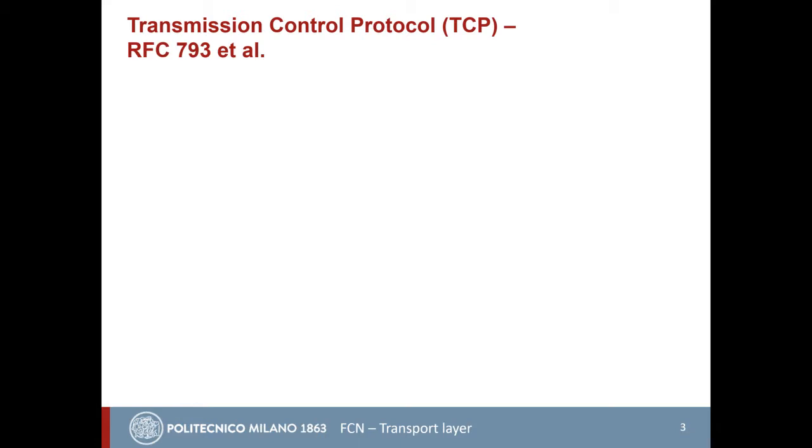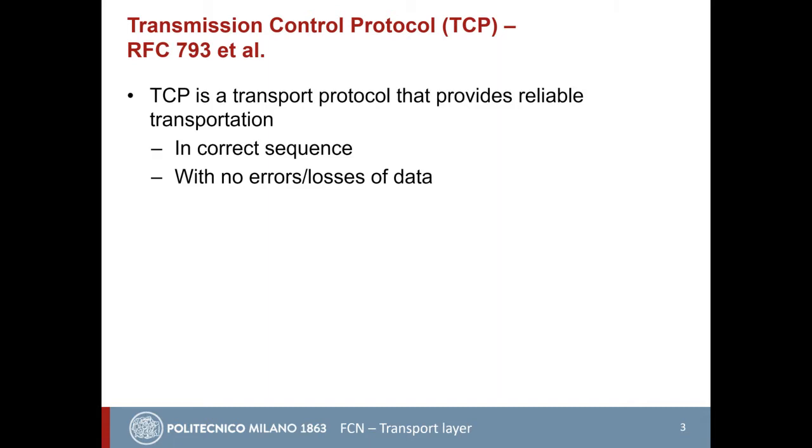Actually, there are several documents that specify all the aspects of this protocol. It is one of the first protocols that was standardized in Internet, so it's very old, but still very much used, and it has a lot of particular techniques that require many documents.